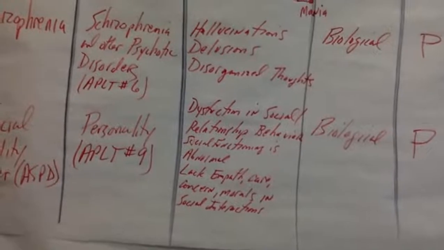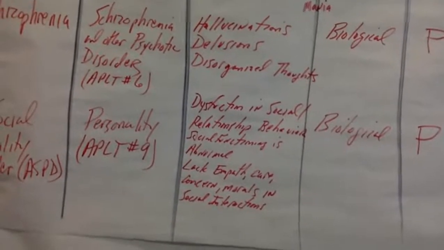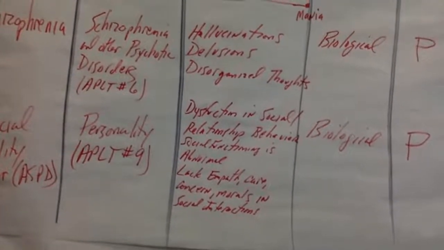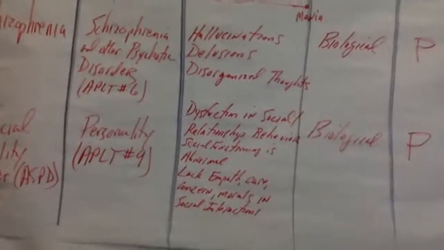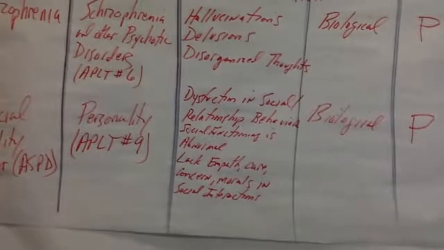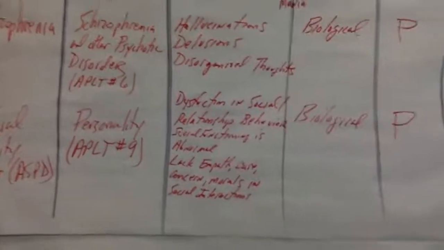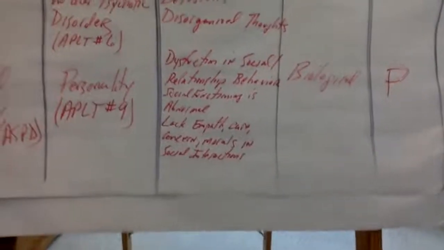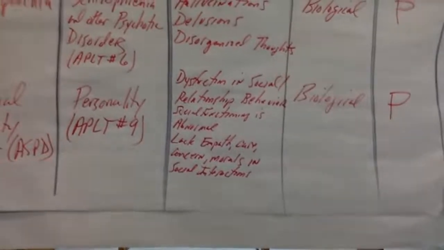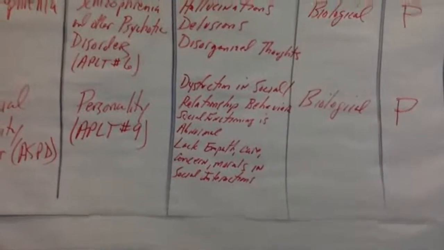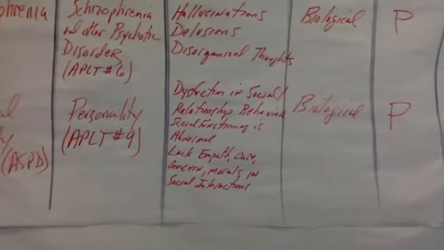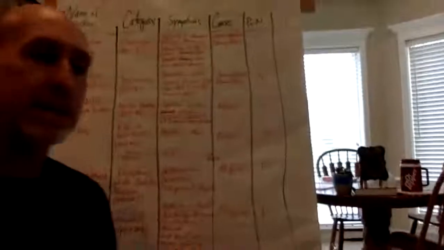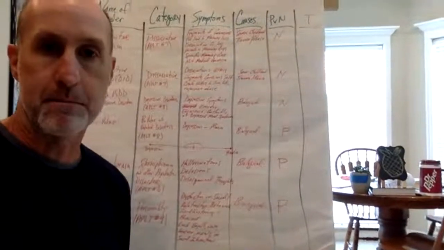And then specifically with antisocial personality disorder, they lack empathy, care, concern, morals, ethics, and remorse in all social interactions. They kind of view people as things, as objects. It's biological. We know that antisocial personality disorder, and personality disorders as a whole, the brain is different, mainly in that frontal lobe area. And it is psychotic because they can actually break from reality.